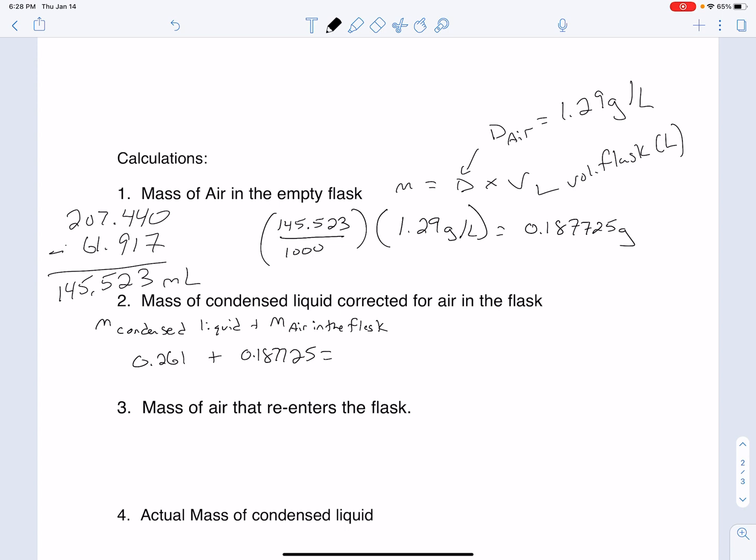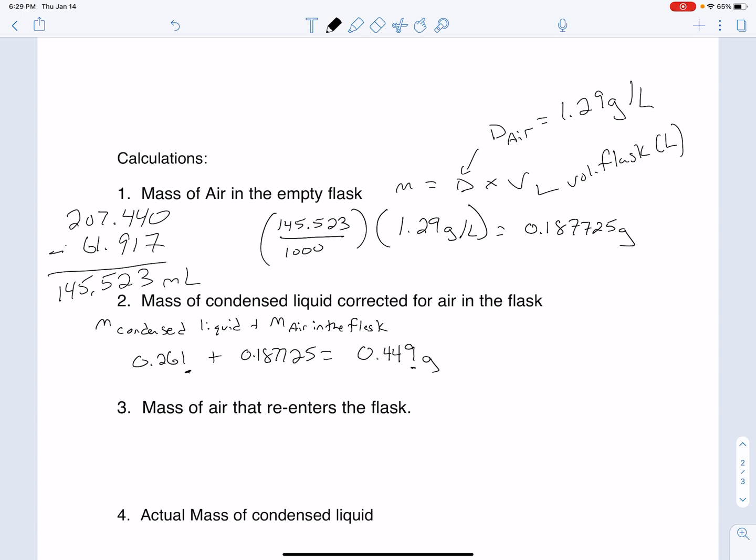And so we get a true mass of 0.449 grams. We'll go to the third decimal place. So that is the mass of the condensed liquid.